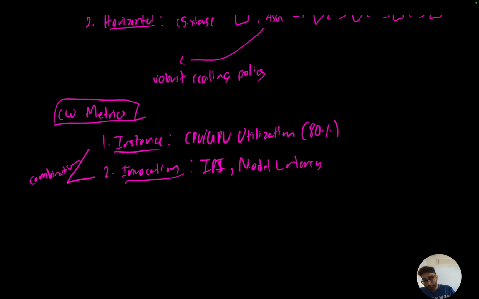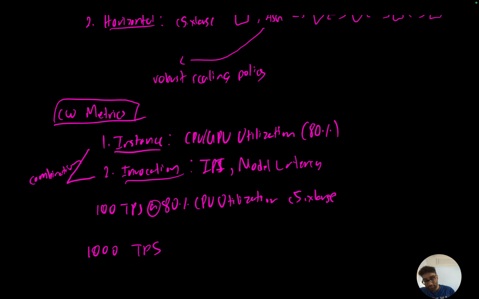So let's say I know that at 100 transactions per second, I'm at 80% CPU utilization based off my load tests when I have a C5.xlarge instance behind this. And let's say I know that at my peak, I need to hit 1,000 transactions per second.